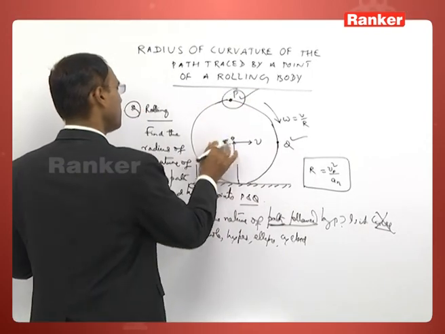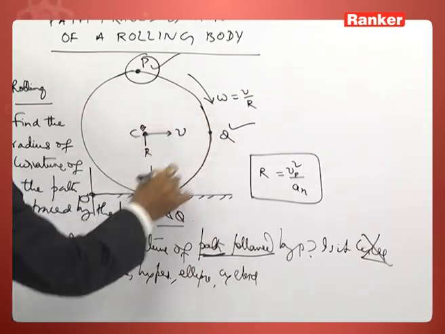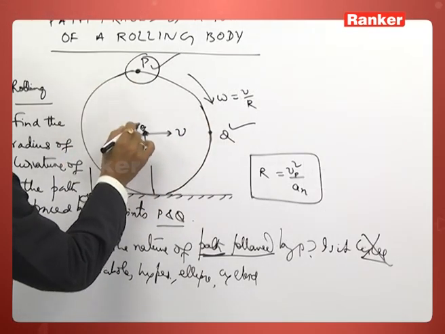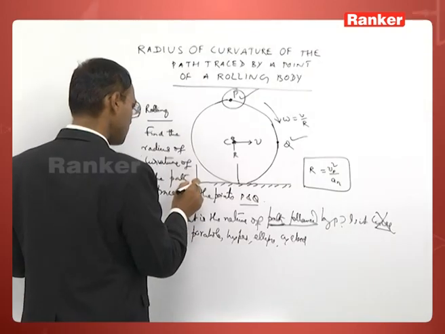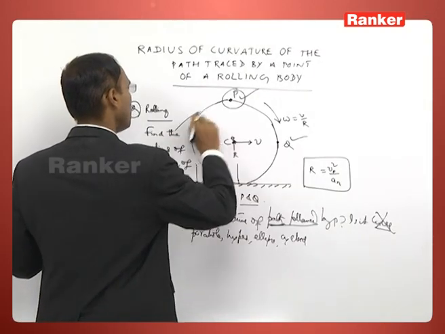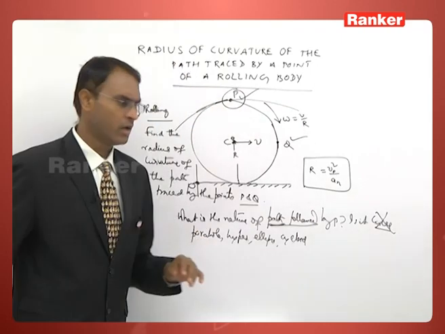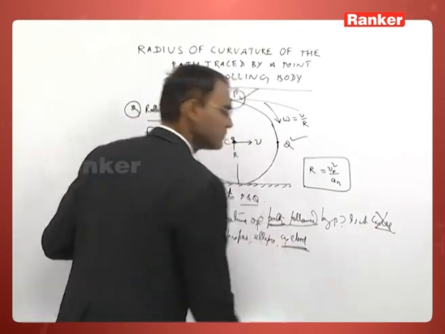With respect to the point C, if you stand on this point C, you can see that this particle moves in a circular path. However, with respect to the ground, the particle moves in a different type of curve called cycloid. I am going to prove it.